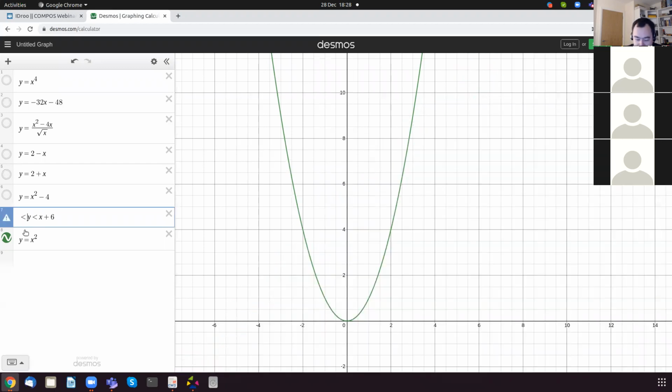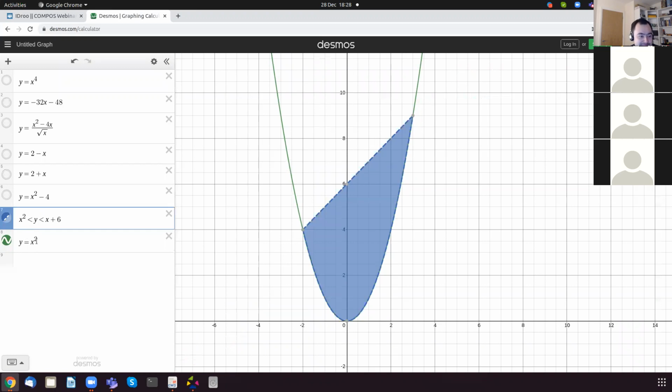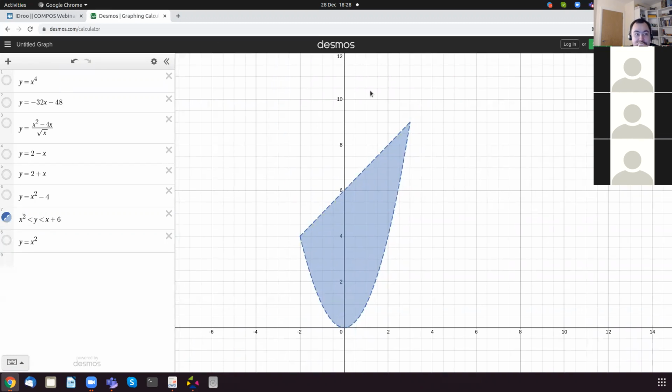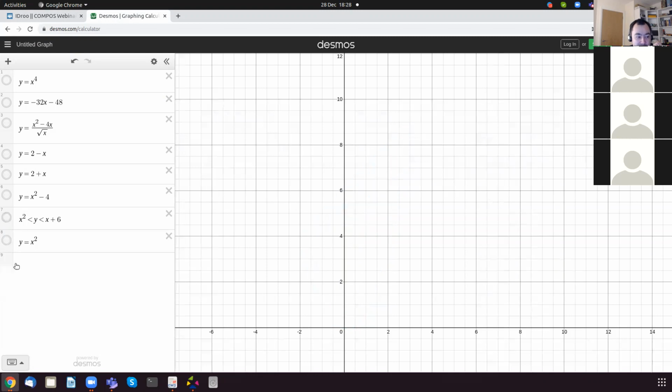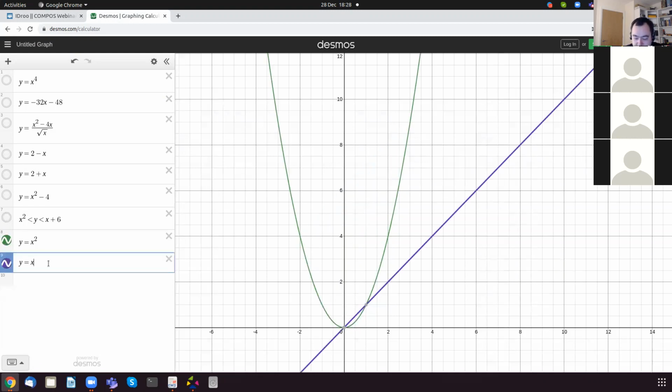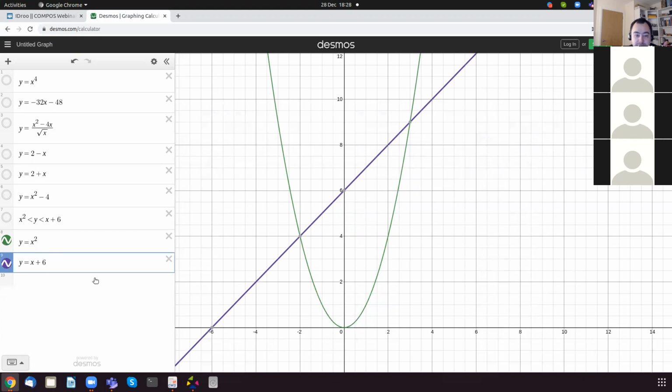We need to find this area, which is enclosed by the curves y equals x squared and y equals x plus 6. So plotting, we can see 2 points of intersection.